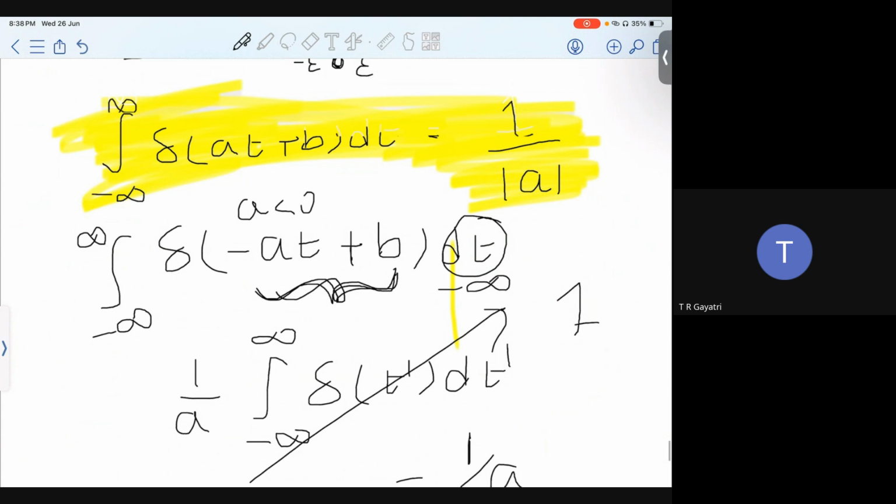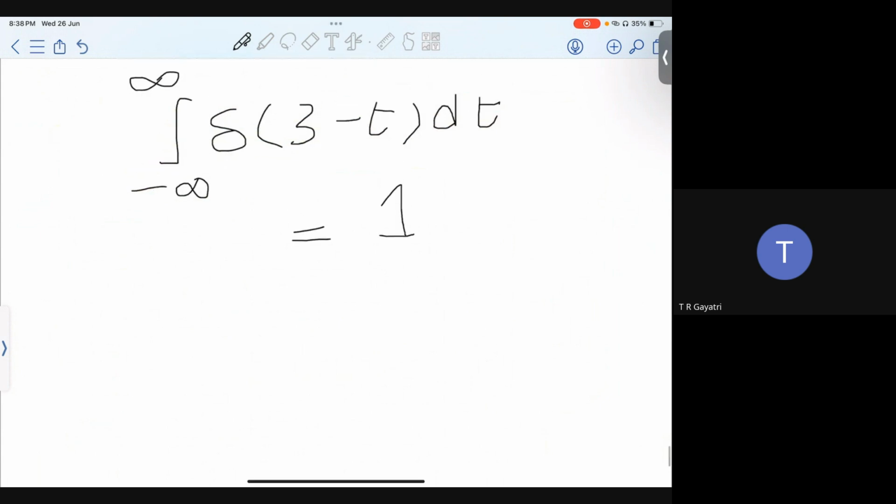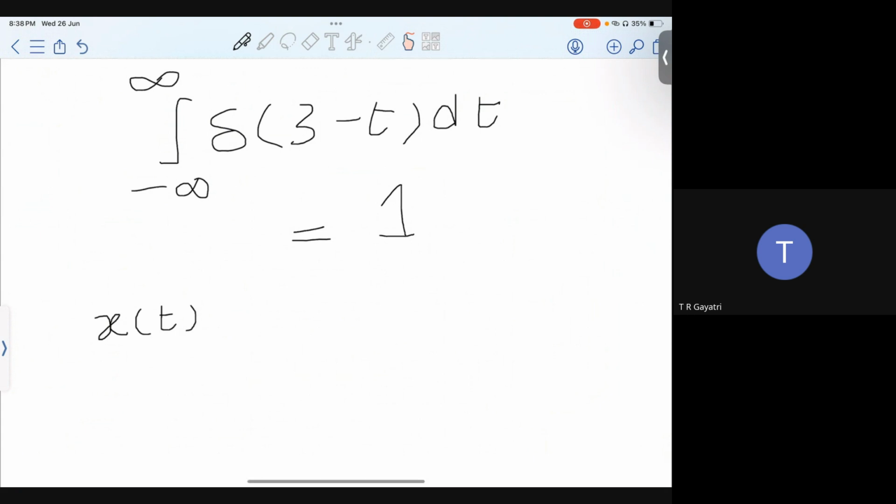And the other interesting property is, suppose you take some signal x of t and multiply it by a shifted delta signal.